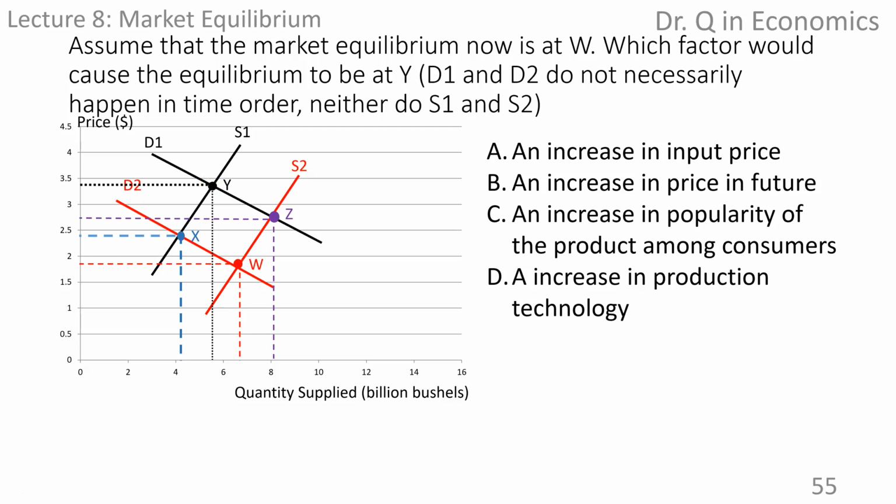So D2 increases and shifts right-hand side to D1, and S2 decreases and shifts left-hand side to S1. So we need to look for an option with a combination of determinants that increase demand and decrease supply.